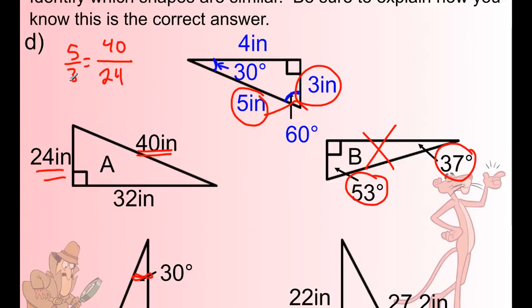Now if we cross multiply, 3 times 40 is 120. 5 times 24, I'm doing it in my head right now. 5 times 20 is 100. 5 times 4 is 20. That gives us 120. So right there, these two shapes are proportional because I set up a proportion, and when we cross multiplied, we got the same thing on both sides. Therefore, they are in proportion. They are similar.